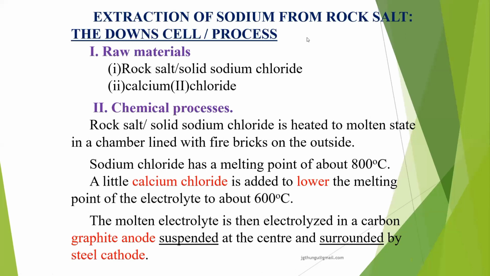So I'm asking, which ion is going to be discharged at the anode during the electrolysis process? Maybe someone can raise a hand. Is it sodium ions? Is it chloride ions at the anode?